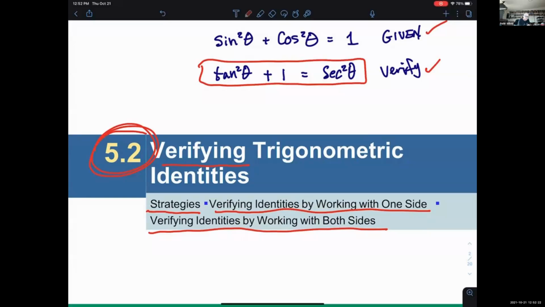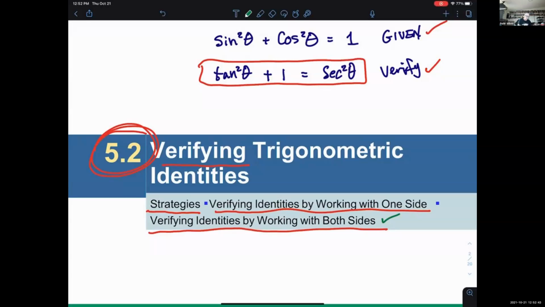So if that was the goal, say I have the identity on the top that's given and I want to verify the one on the bottom. In this case, I could do that by using the last thing they referred to, verifying identities by working with both sides.